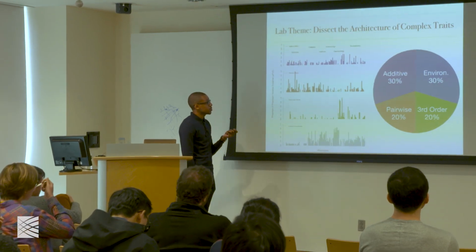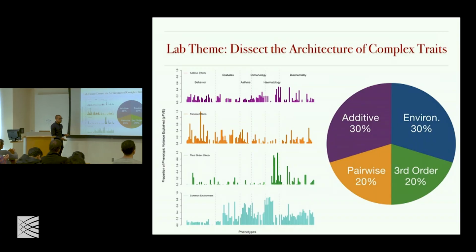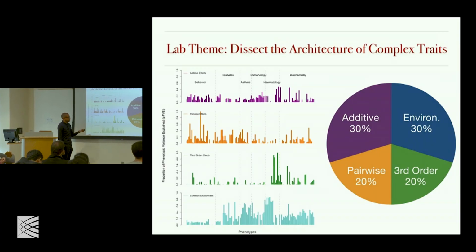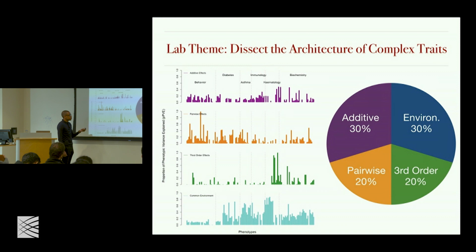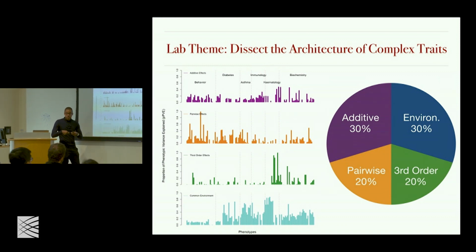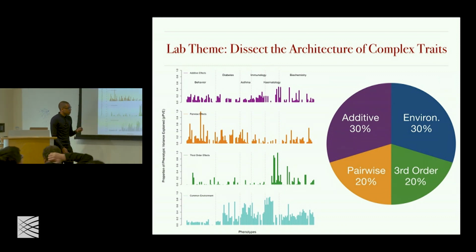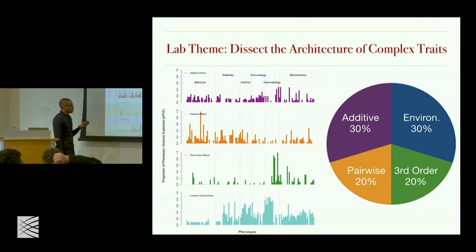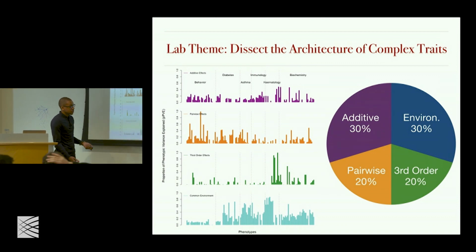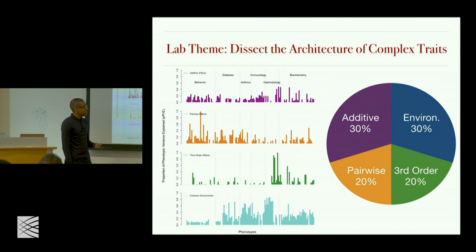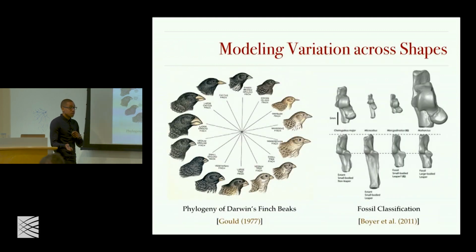We do this a lot of times from a stat gen perspective, like GWAS and those kinds of perspectives. But a big theme in my group is the idea of dissecting variation of traits. Typically we do this along the genome with some kind of genetic measurements. In this talk, we're going to do the same thing, but the analogy here is we're going to do this with shapes.